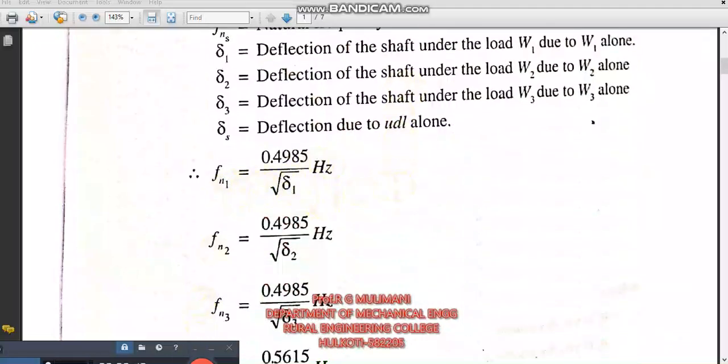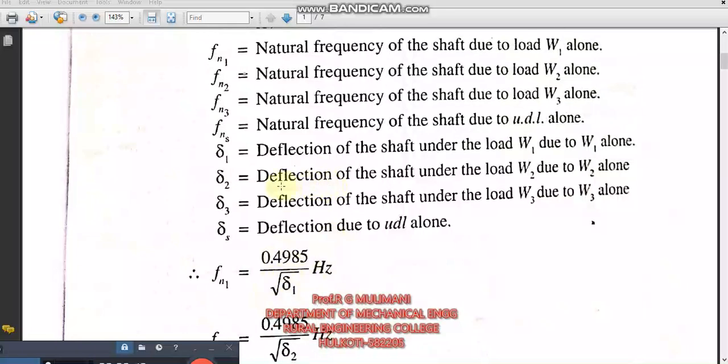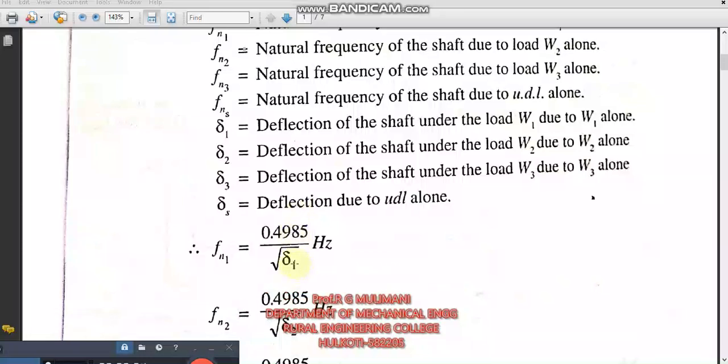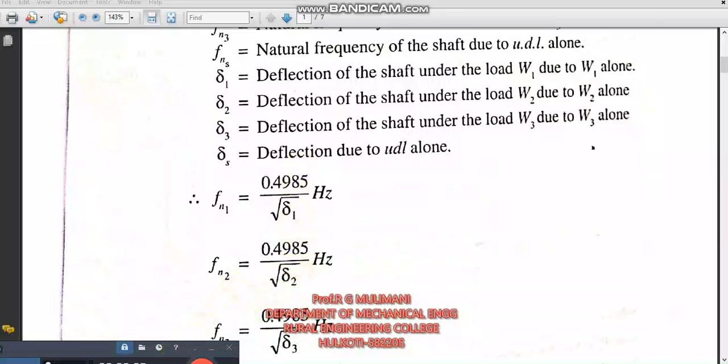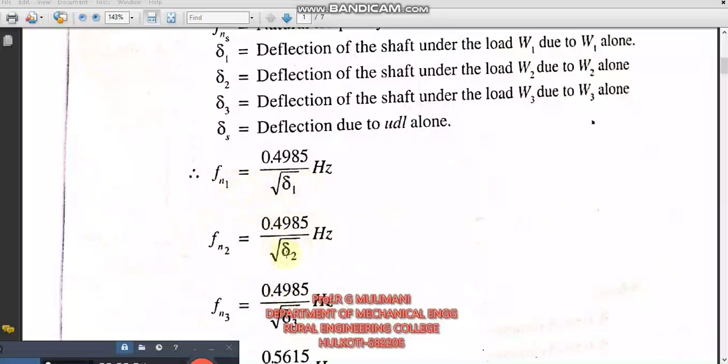To find the natural frequency we use 0.4985 divided by square root of delta 1, where delta 1 is the deflection due to load 1 alone, and we use the same equation for the other points also, where delta is the deflection.